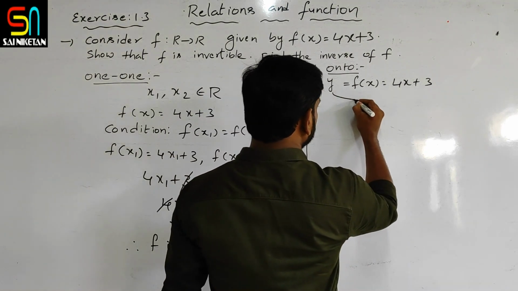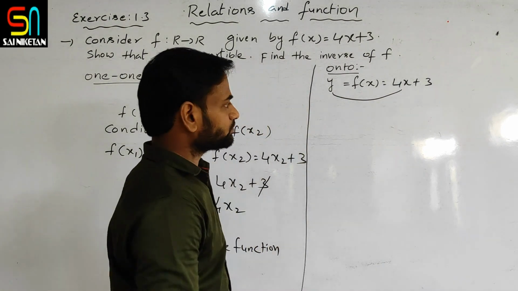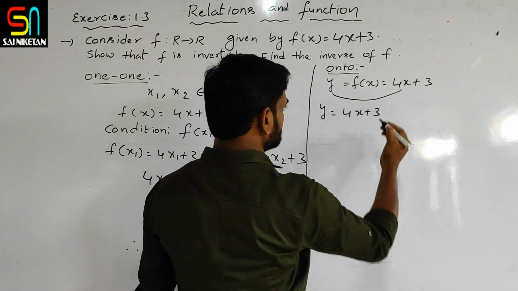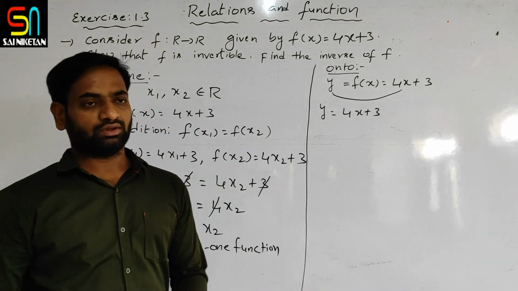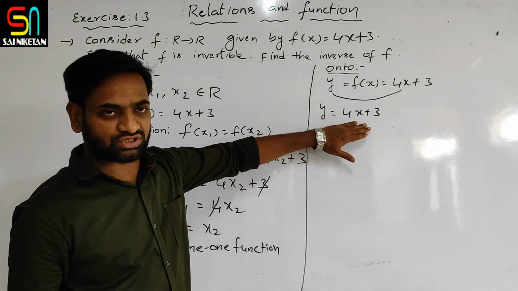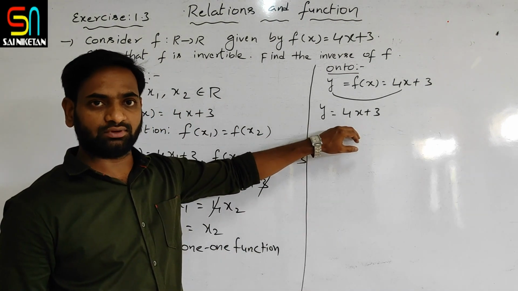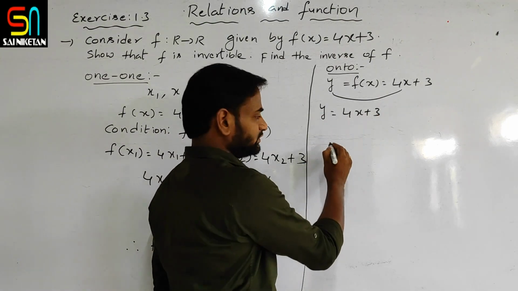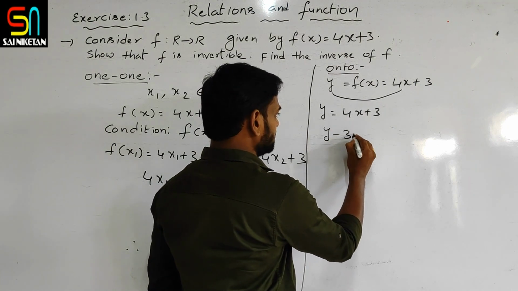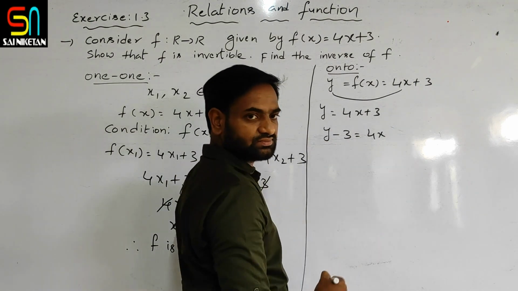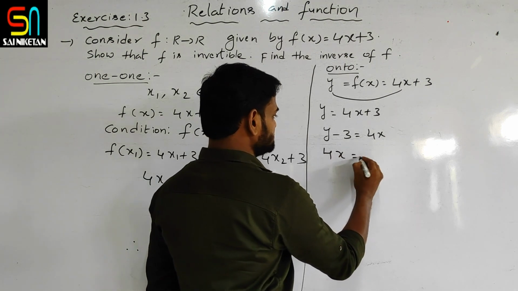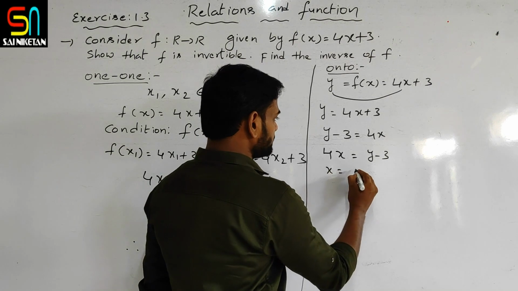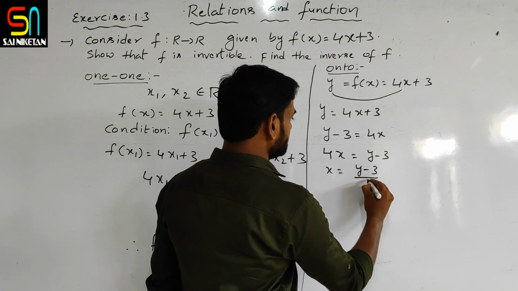Now equate these, that is y equal to 4x plus 3. Now from this expression, find the x value in terms of y. Send this 3 to this side, that is, y minus 3 is equal to 4x. Now the x value is y minus 3 by 4.